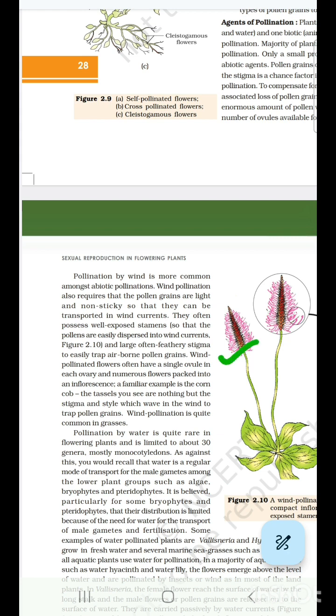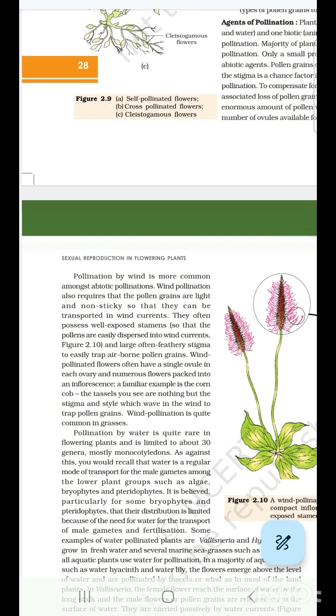Wind pollinated flowers often have a single ovule in each ovary and numerous flowers packed into an inflorescence. A familiar example is the corn cob. The tassels you see are nothing but the stigma and style, which wave in the wind to trap the pollen grains. Wind pollination is quite common in grasses, the Poaceae family.